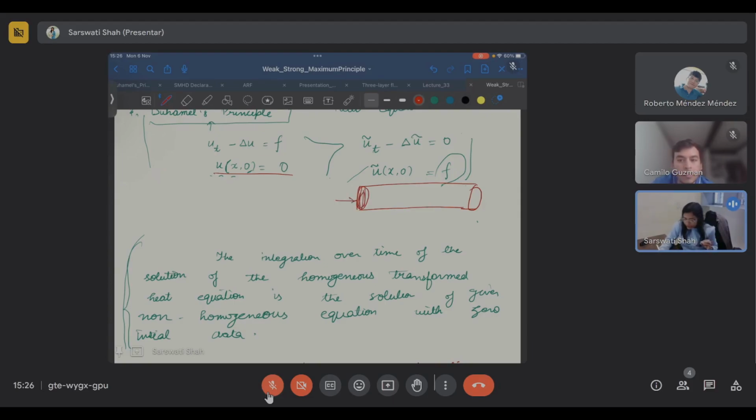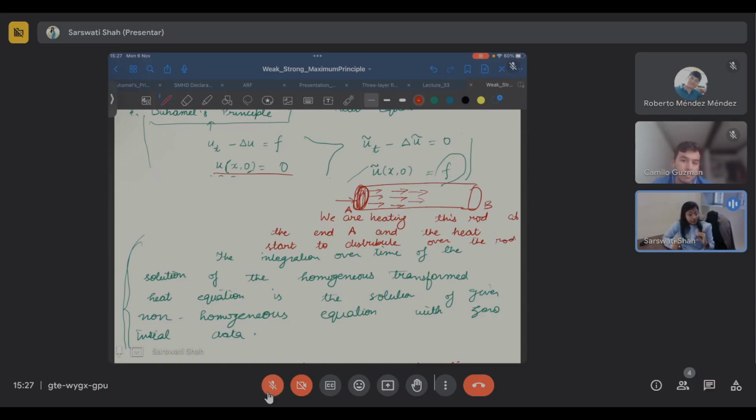We start to heat this rod at one end, suppose this is end A and this is end B, at the end A, and the heat starts to distribute over the whole rod.